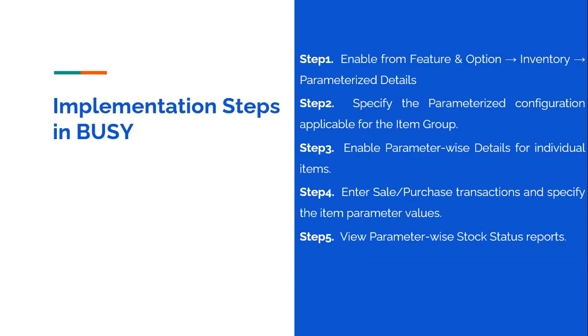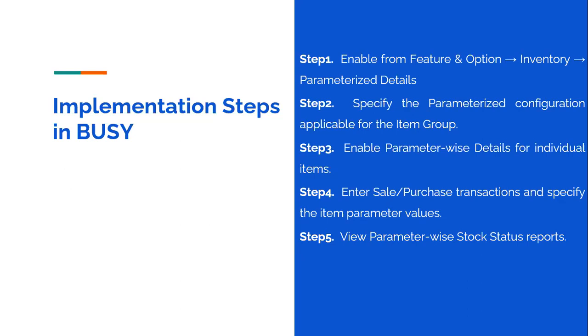Now let's look at the configuration portion, how we can configure these parameter features in BASIC and utilize them. The first step is to see whether we have enabled the feature in the inventory option. We have to go to the configuration portion, where we can select the inventory part, and then enable the parameter part.